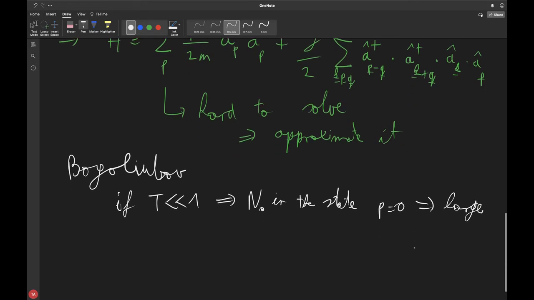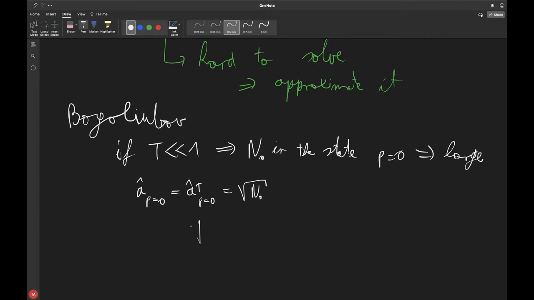Based on this, we can replace the a operator where p is 0 and the a dagger operator where p is 0 with this number, or actually the square root of this number, n0.